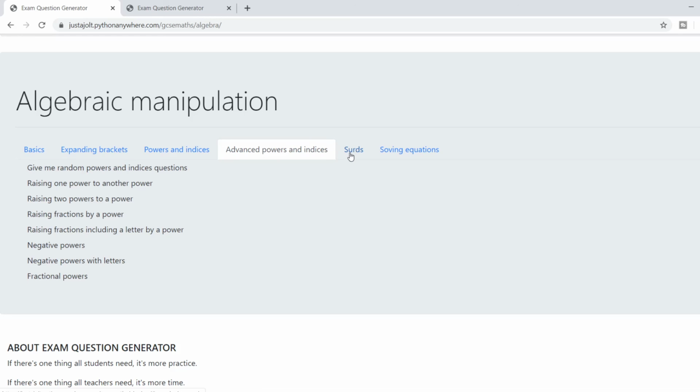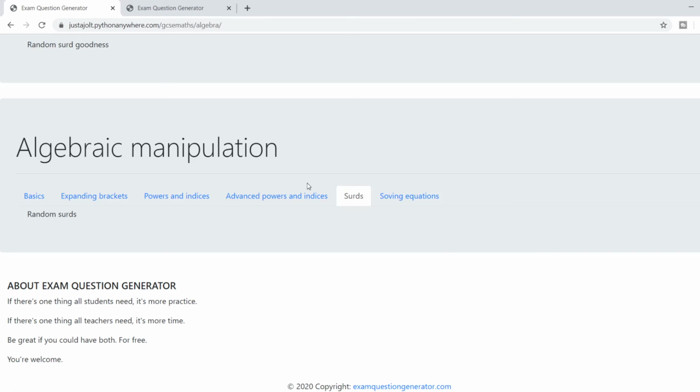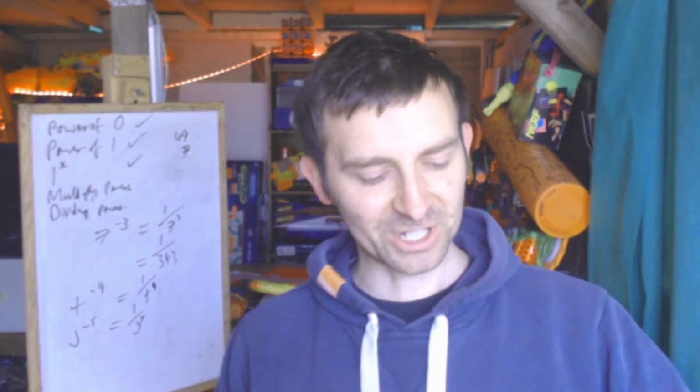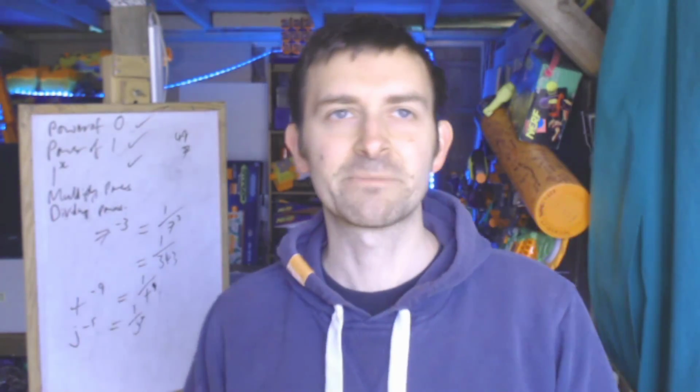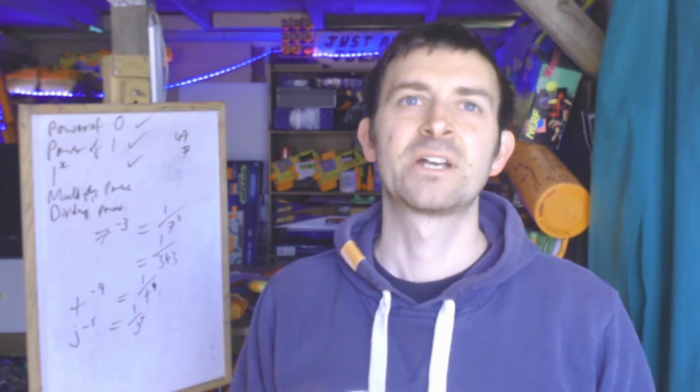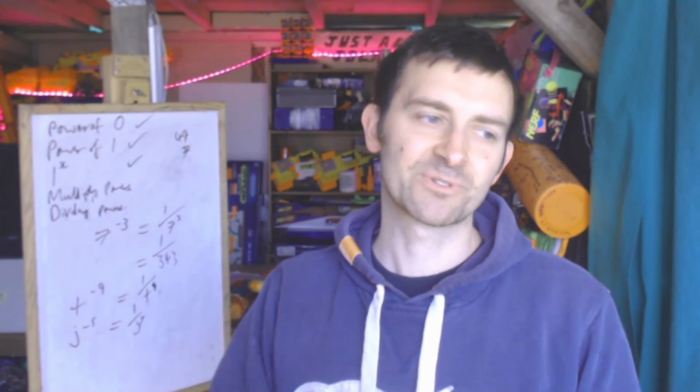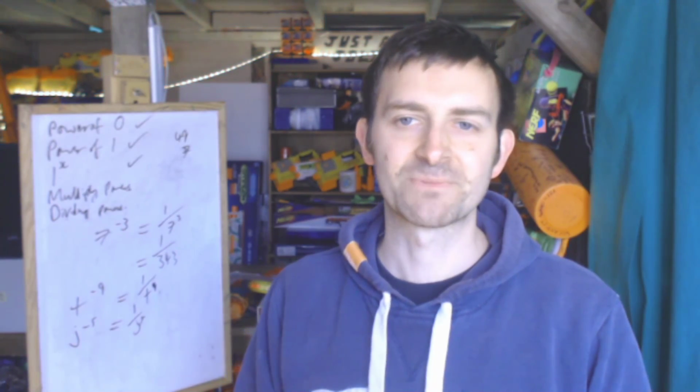Now, next time we're going to be looking at surds, and surds get a little bit crazy. I'll have to update this with the different categories of surd questions I've got. But the surd questions get a little bit crazier, and when you start dealing with the surd rules, you're talking about your level 7s getting up towards level 8s with some of the more complicated surd rules.